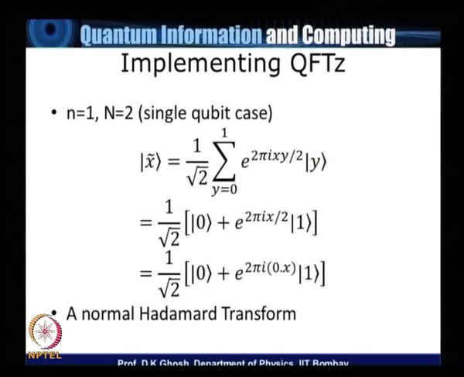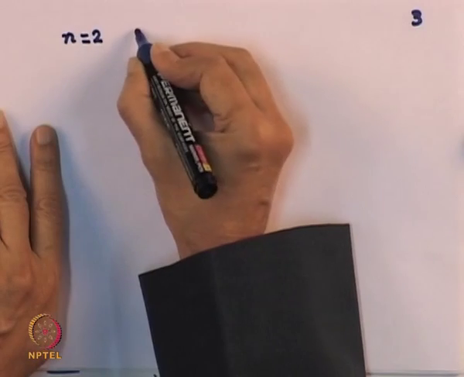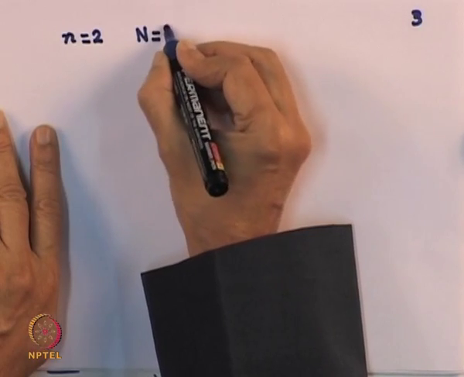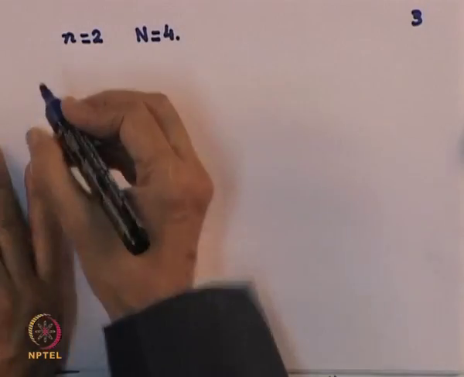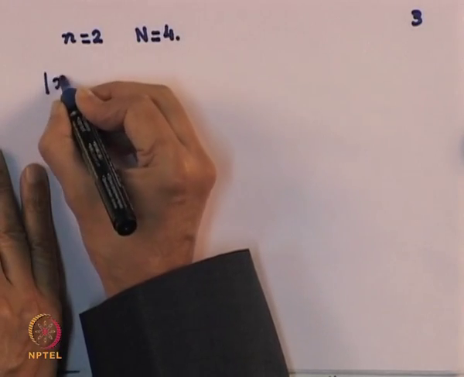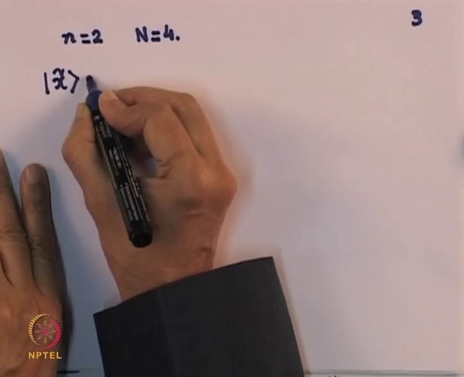We will continue, and let me take the 2 qubit case, n is equal to 2, so that capital N is equal to 4. Now, let me write down the Fourier transform.